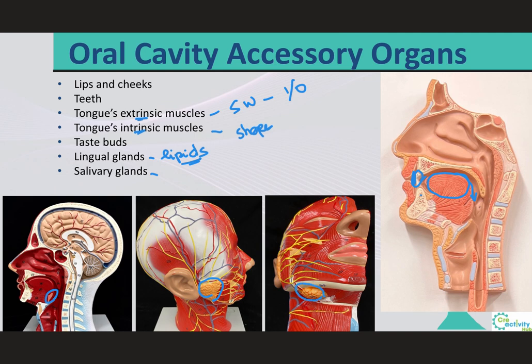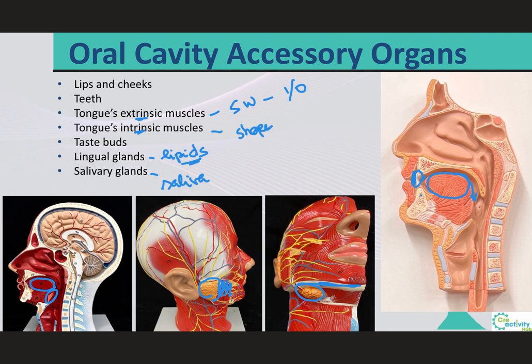The sublingual salivary gland is under the tongue. The submandibular salivary gland is under the mandible. And the parotid salivary gland is over here on your cheek. And all of them are going to secrete saliva. There are different substances of saliva that they secrete, but the function of the saliva is to moisten and lubricate the lining of the mouth and the pharynx.